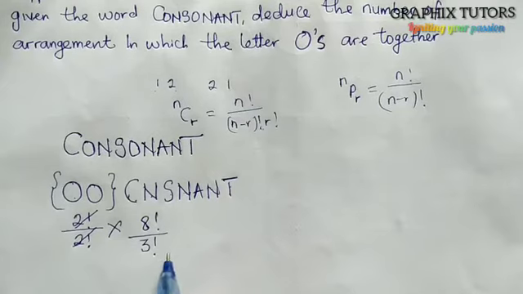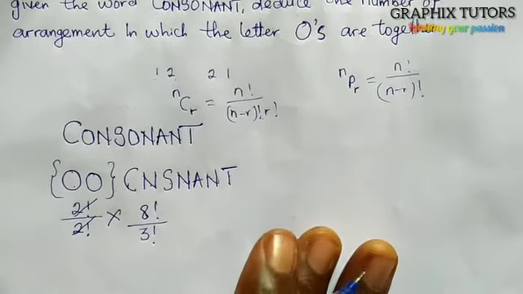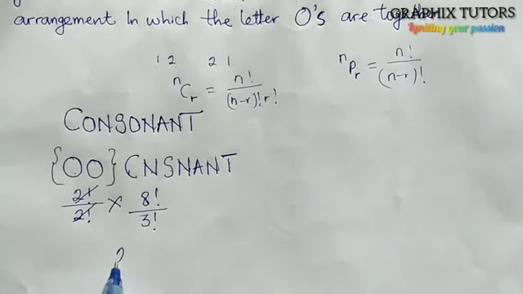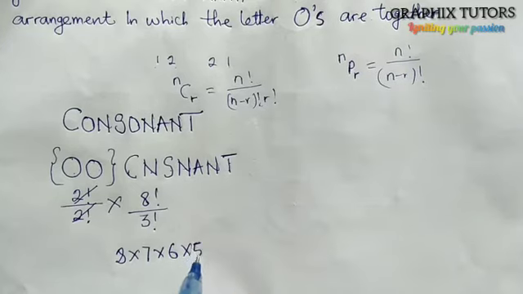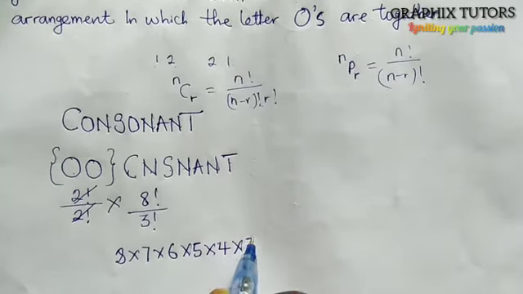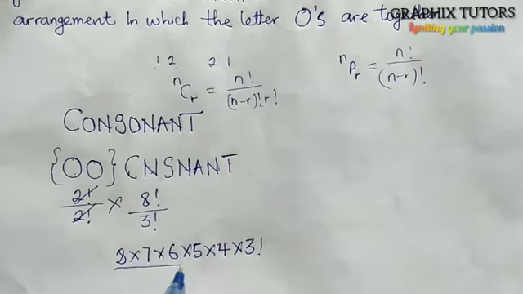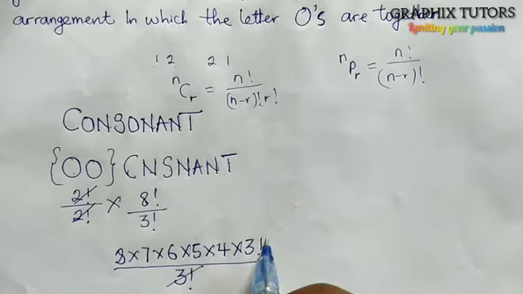So 8 factorial is giving us 8 multiplied by 7 multiplied by 6 multiplied by 5 multiplied by 4 multiplied by 3 factorial, all over 3 factorial. Now the 3 factorial will equate to 3 factorial.